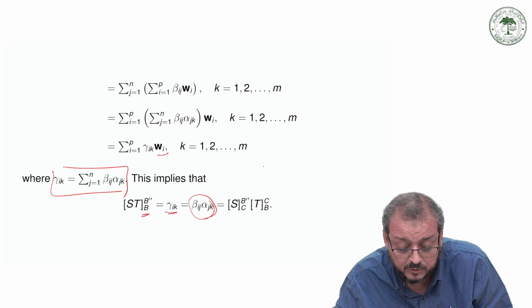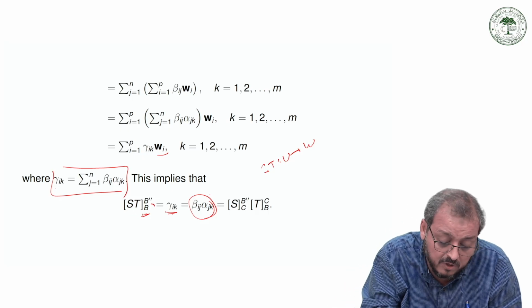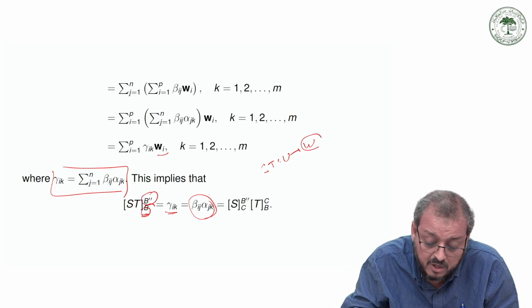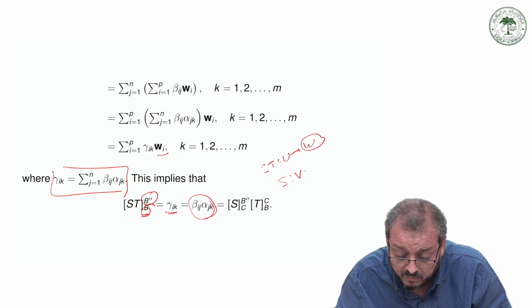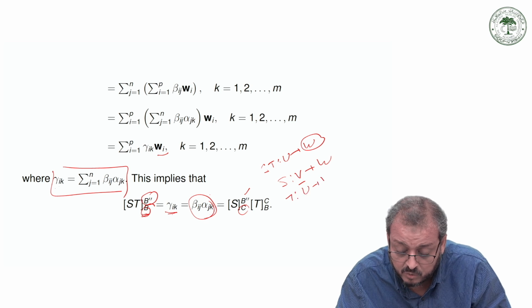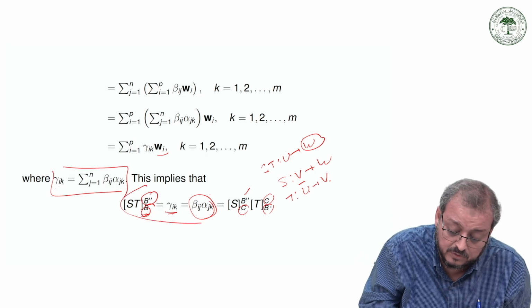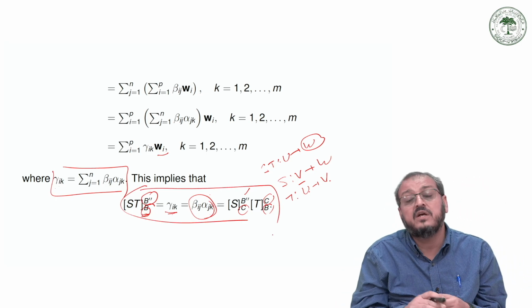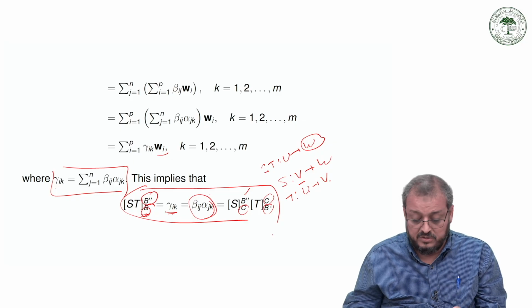Because of this composition map we have a map from U to W. This is the basis for U, this is the basis for W, and S is the map from V to W. This is the basis for V, and T is the mapping from U to V. So this way, the composition of two linear transformations can also be represented in the form of S times T of this.